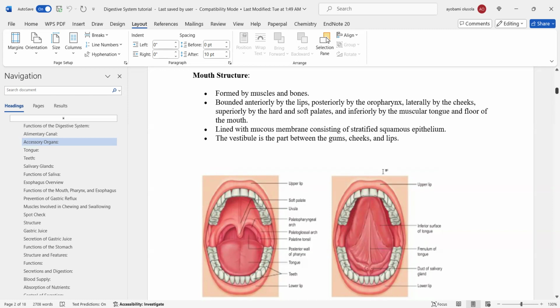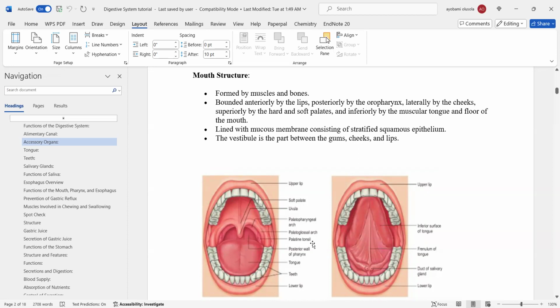That's what we call the vestibule. Okay, so this is the upper lip. This is your soft palate, very close to your uvula. This dangling thing that we see at the back, close to your throat, when you open your mouth, is what is called the uvula. Then we have the palatopharyngeal arch.